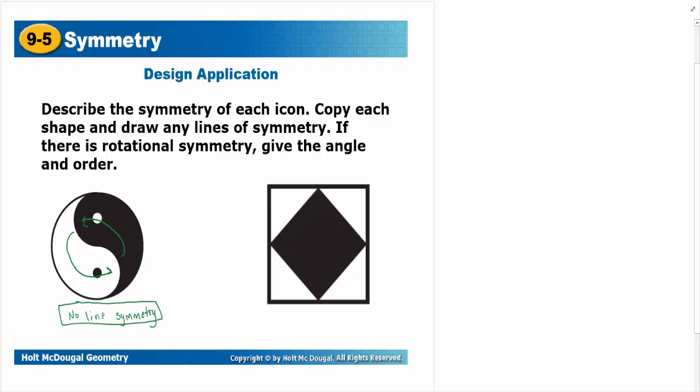I could rotate it 180 degrees, and this little piece here would slide into here. So this whole piece would slide in. Okay, it looks ugly, I know.